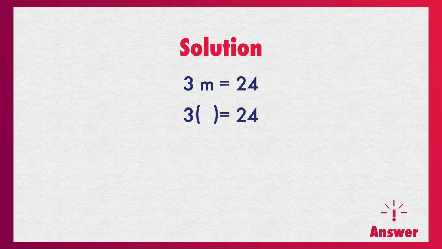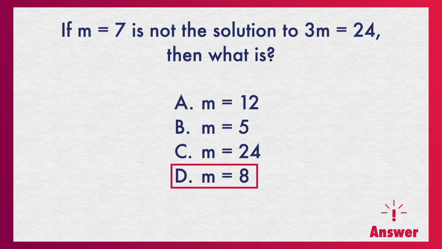Then we imagine what number can go inside the parentheses that, when multiplied with 3, will give us 24. The number is 8. So we check our work: 3 times 8, does that equal 24? Indeed it does. So 24 equals 24 is a true statement, and the solution to this equation is m equals 8.